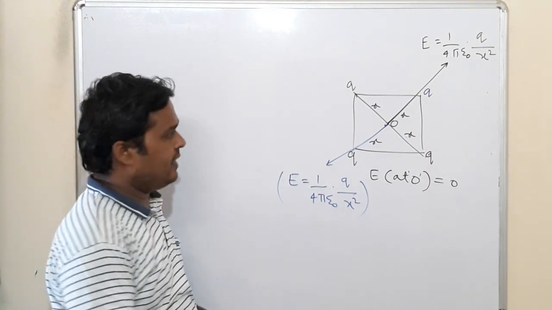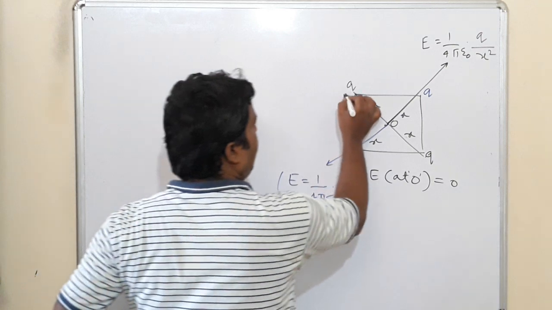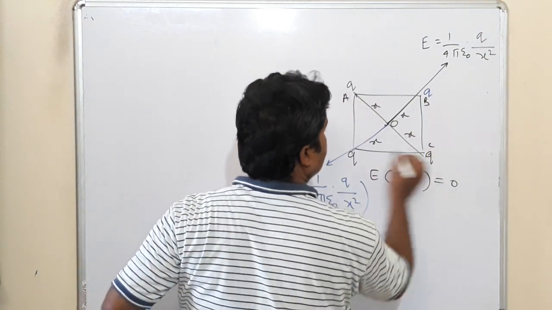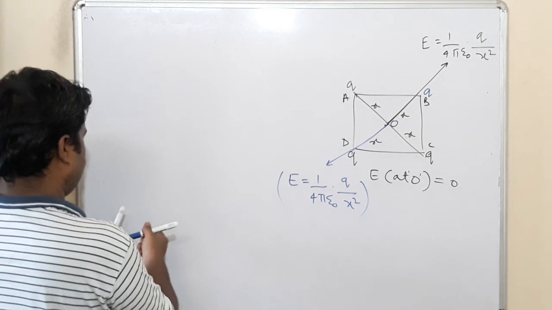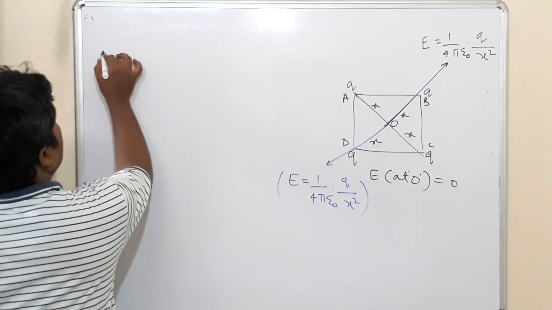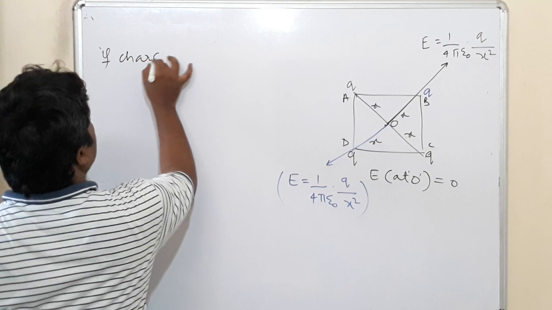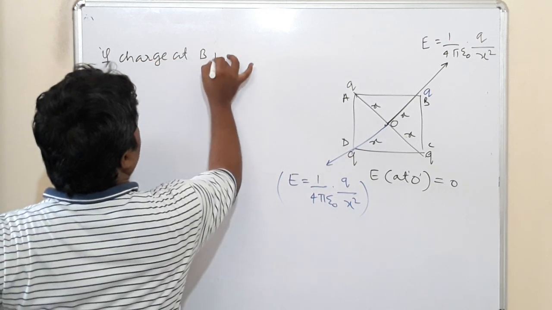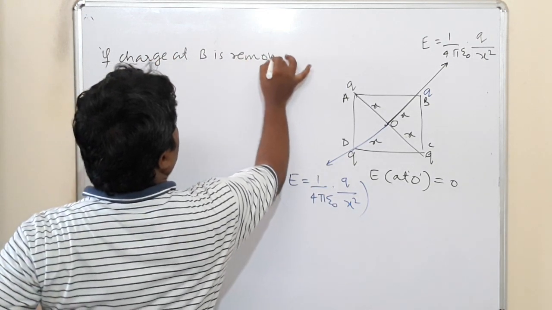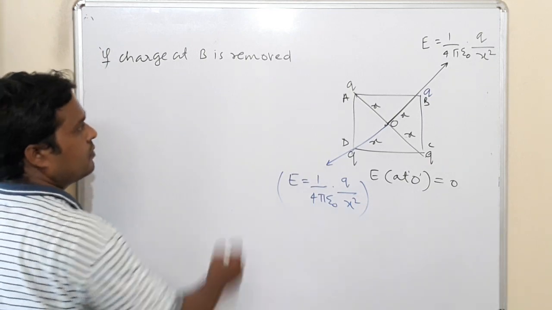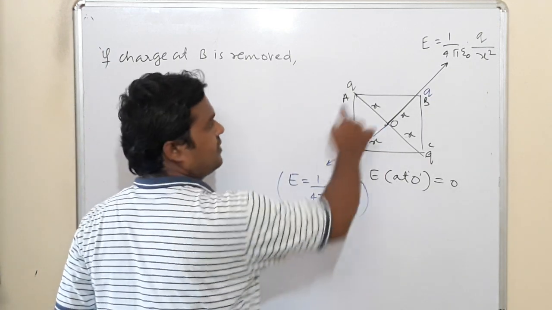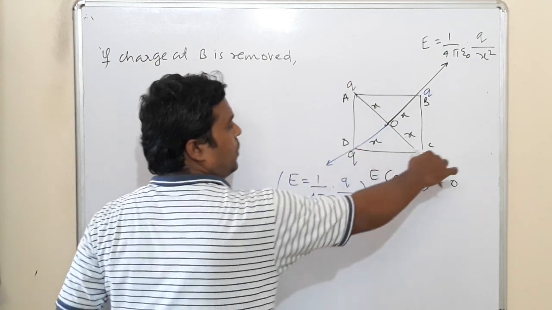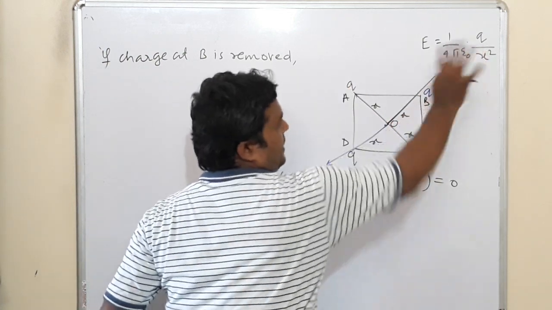Now if I say this is A, this is B, this is C, this is D. If the charge at B is removed, then this electric field will not be there, but the electric field due to all these 3 charges will be present.